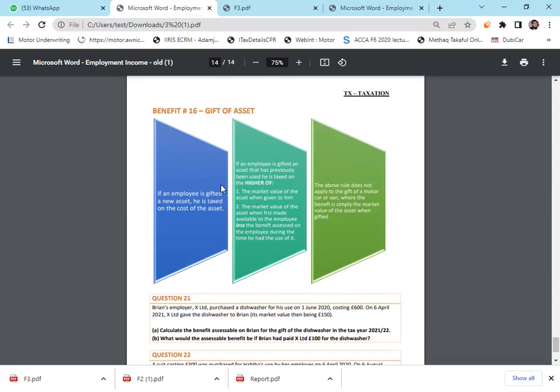Gift of asset means the employer gave you, G-A-V-E, gifted you, and this is your asset now. If you resign, or leave the job for any reason, this asset remains with you, because the employer gifted it. Use of asset means it's with you until you are on the job. Gift of asset means it's completely yours.